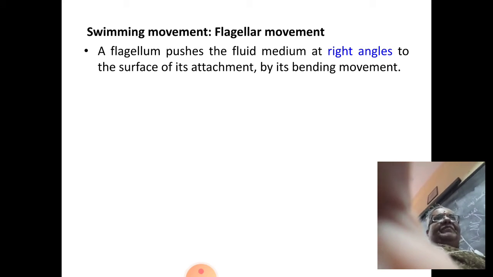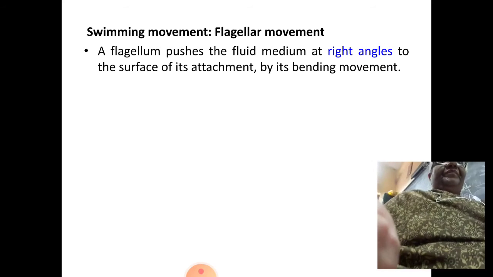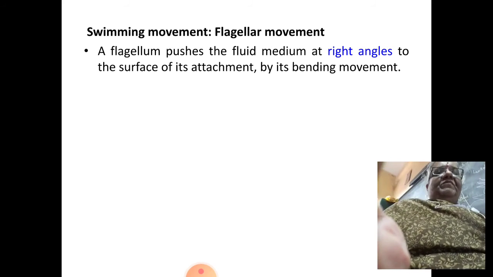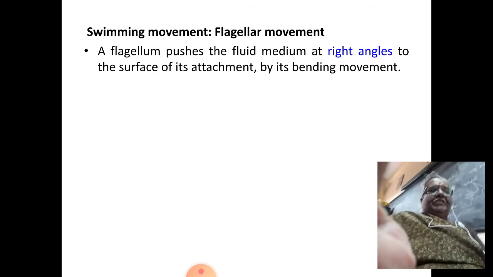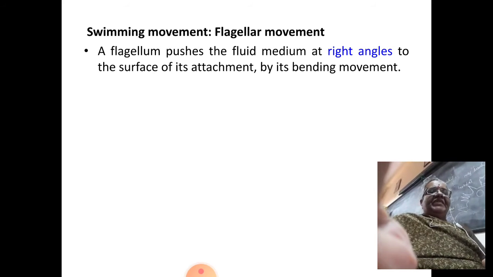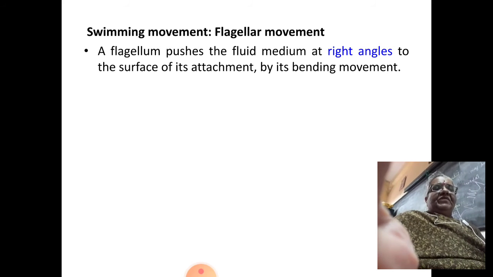A flagellum, please remember the picture of Chlamydomonas or Euglena. The flagellum pushes the fluid medium, that is the surrounding water, at right angles to the surface of its attachment.